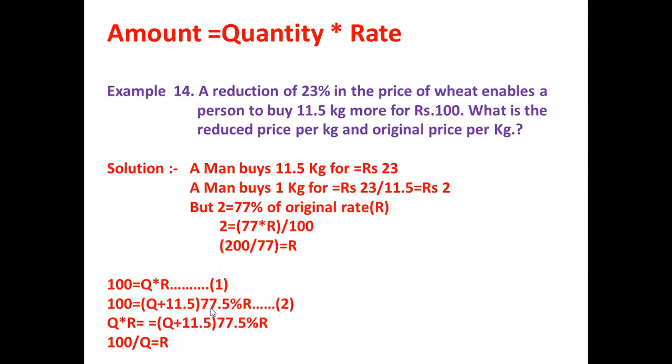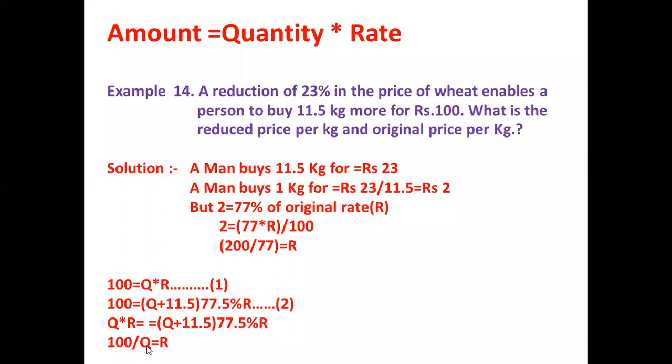Make one correction, it is 77% here, not 77.5. And the quantity is 11.5 kg more, so I will put Q plus 11.5. So from equations 1 and 2, the left hand side is the same. I can compare the right hand side and get the answer.